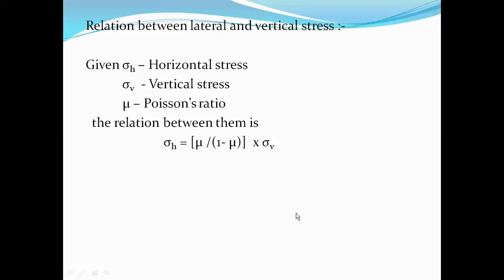Since we know the relation between the horizontal stress and the vertical stress, sigma h is equal to mu by 1 minus mu into sigma v, where mu is Poisson's ratio and sigma v is the vertical stress.